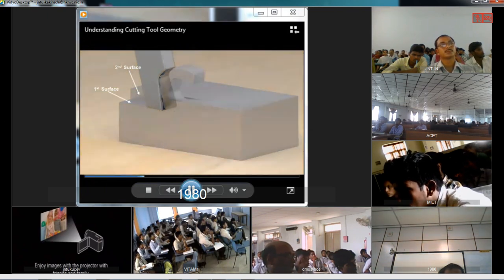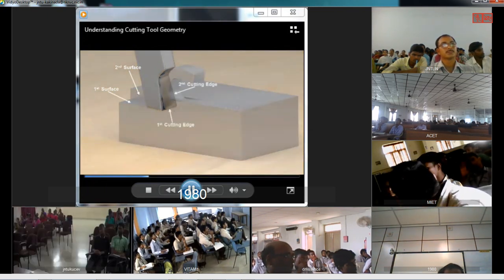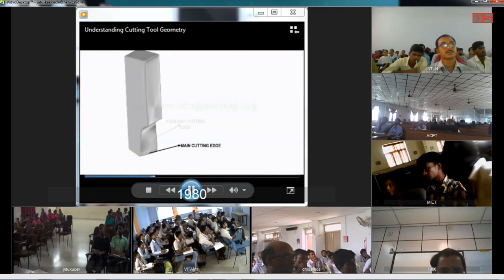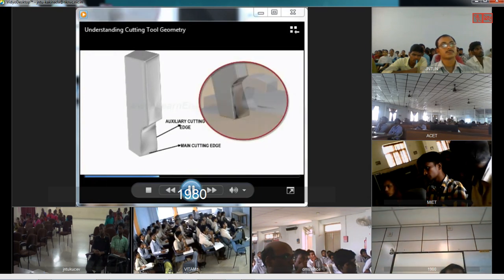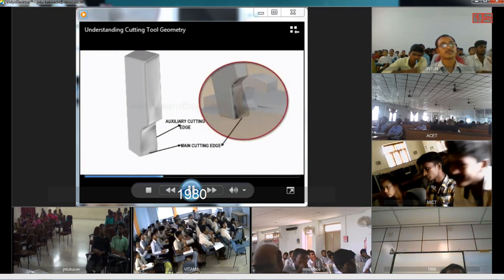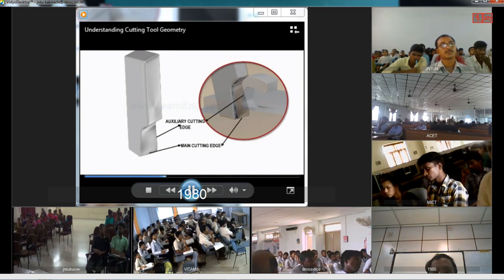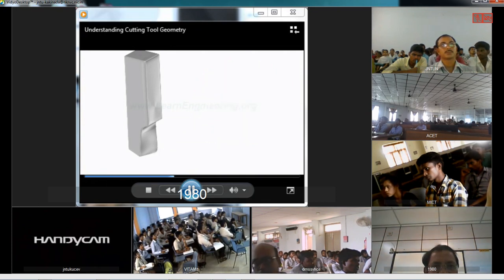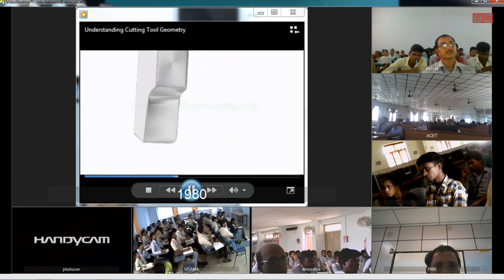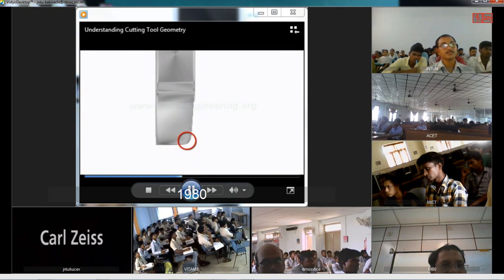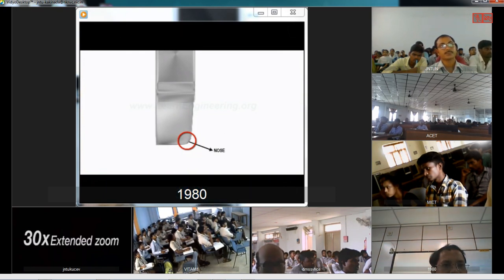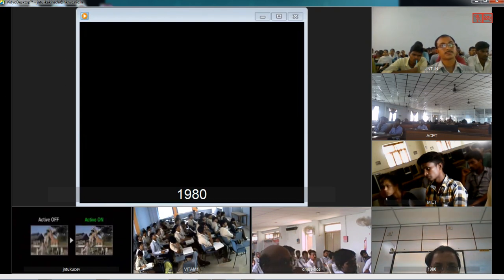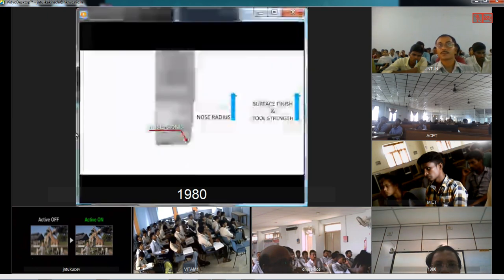For this purpose, cutting tools are provided with 2 cutting edges, a main cutting edge and an auxiliary cutting edge. The main cutting edge cuts the main portion of the chip, while the auxiliary cutting edge cuts the second surface and removes the material. You can see the smooth corner between these cutting edges. This corner is known as the nose of the tool. The radius of the nose greatly affects the surface finish of the operation and the strength of the tool.